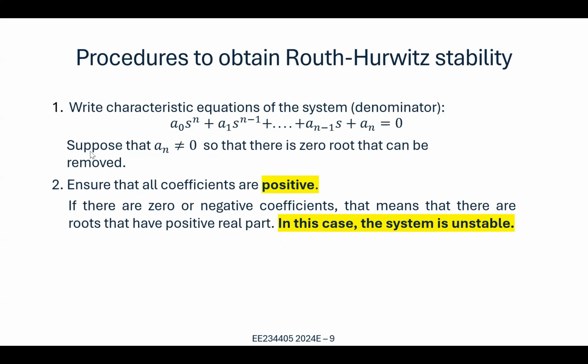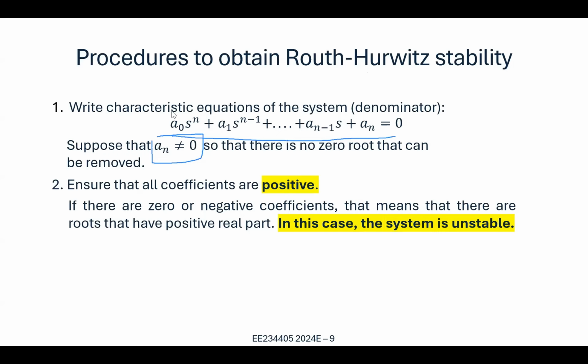Of course, we still need the characteristic equation of the system, which is the denominator of the system, a0 times s to the power of n, and so on. We suppose that an is not 0, so that there is no zero root that can be removed.